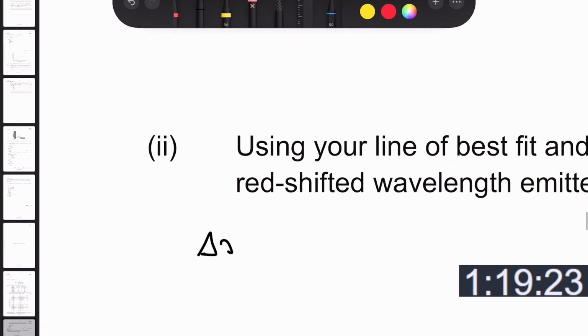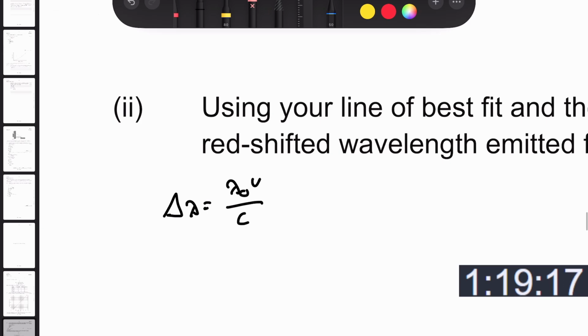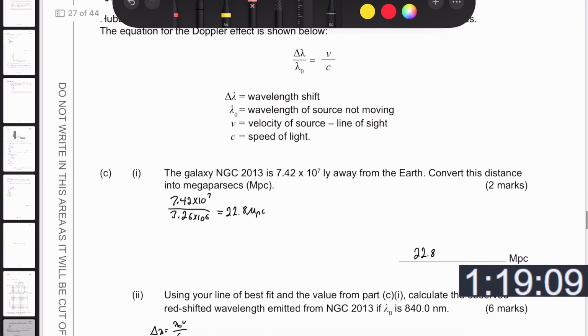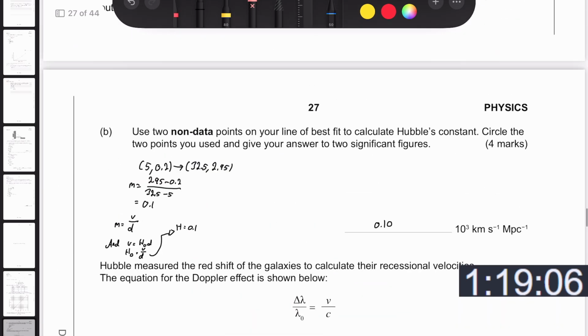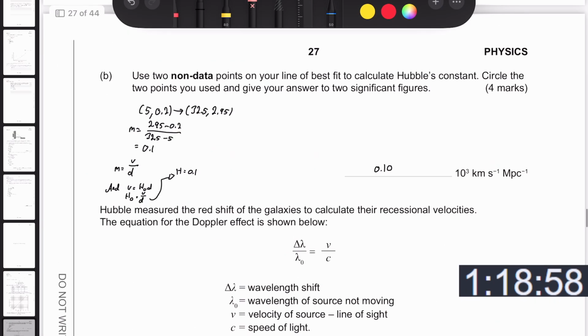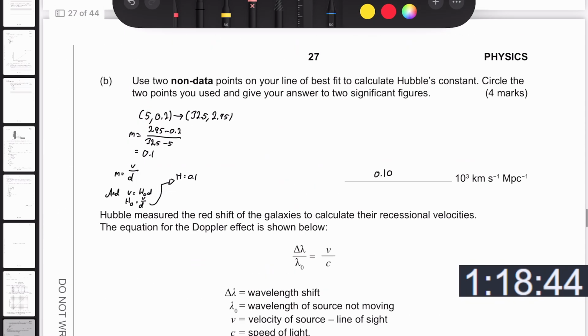So then delta lambda is going to be equal to lambda times v over c, and the velocity is from the line of best fit. V is equal to 22.8 times 0.1 times 10 to the power of 3, so 280 kilometers per second.